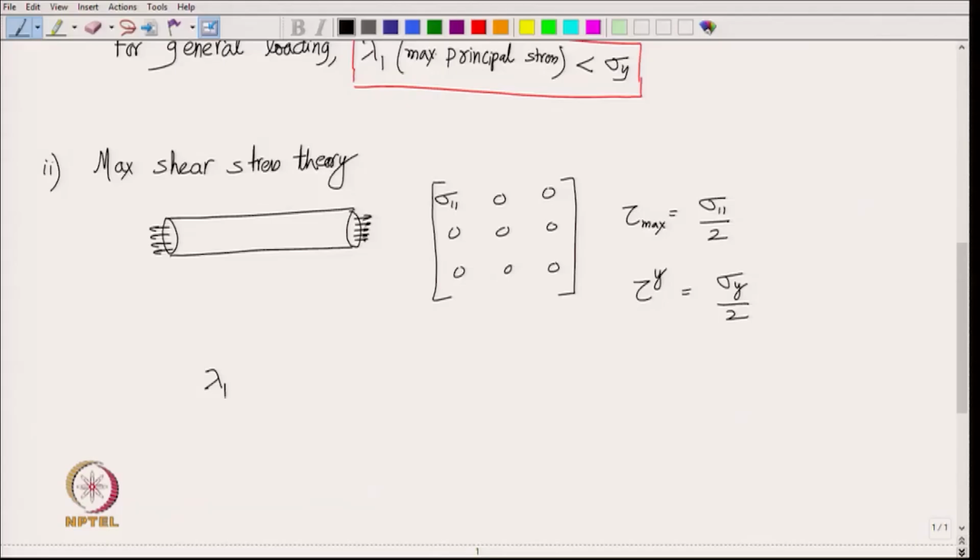So, all that we have to ensure is that lambda 1 minus lambda 3 divided by 2 should be less than sigma y by 2. If at any point in the body lambda 1 minus lambda 3 by 2 is less than sigma y by 2, then the body will not fail due to maximum shear stress theory.